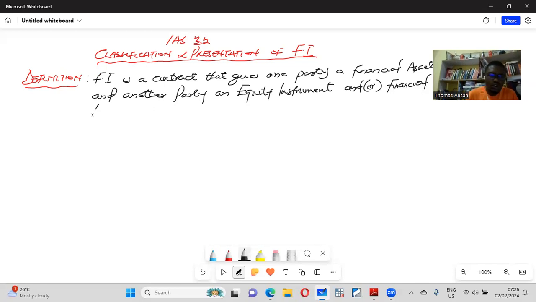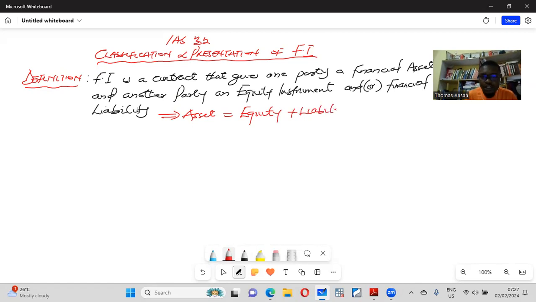So this is coming from the old definition, and I really like teaching this because it takes us back to the olden days. Do you remember this? Assets is equal to what? Equity, when we used to call it capital, plus liability.